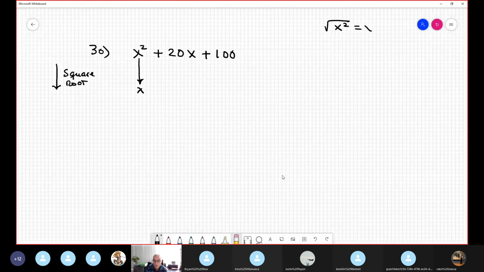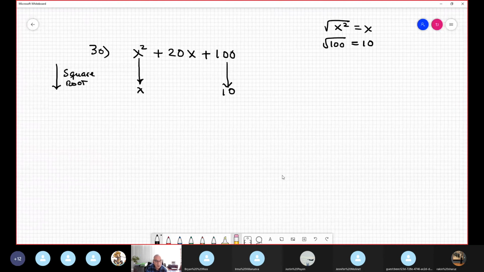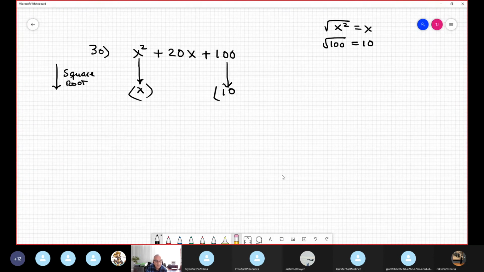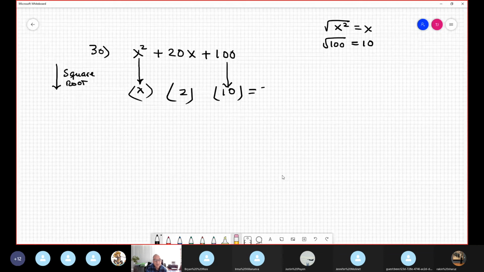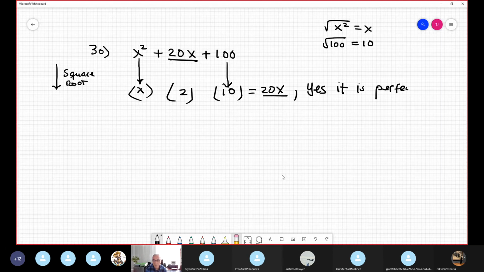And the square root of the last one, the square root of 100, is 10. Okay, and you multiply this guy times 2. Remember, the idea for the times 2 is 20x, exactly the same as we have here. So yes, the conclusion is it is a perfect square trinomial.